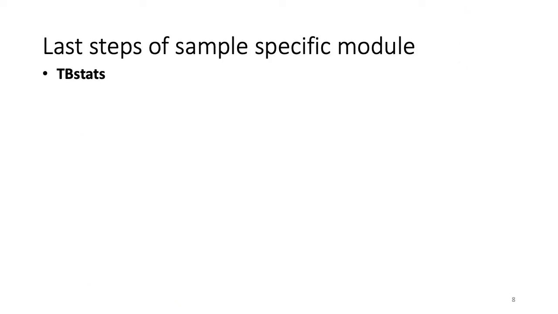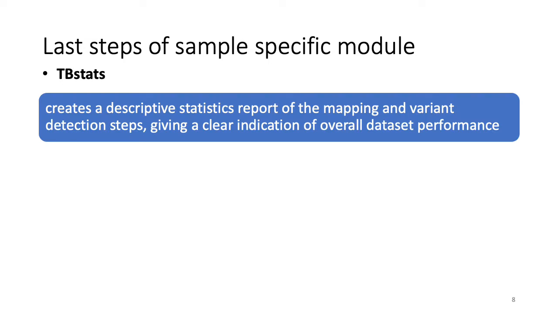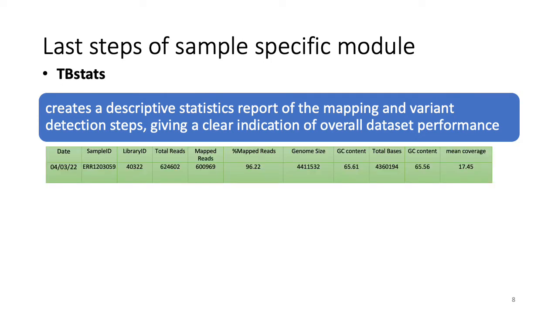The 6th step of the sample-specific module of MTBseq is TBstat. TBstat creates descriptive statistics reports of the mapping and variant detection steps, giving a clear indication of overall dataset performance.